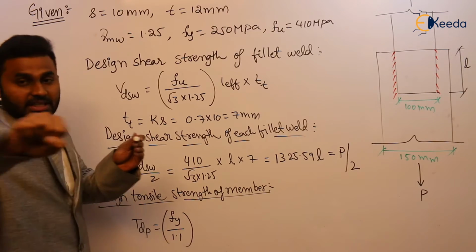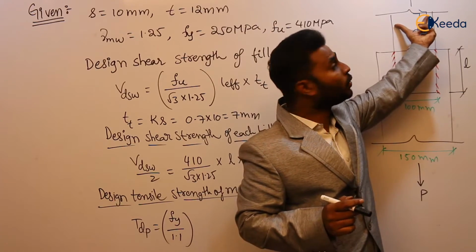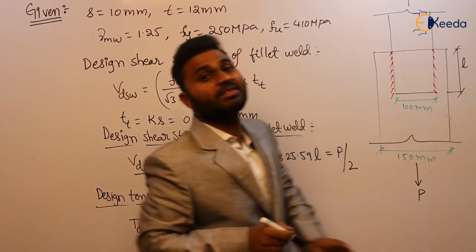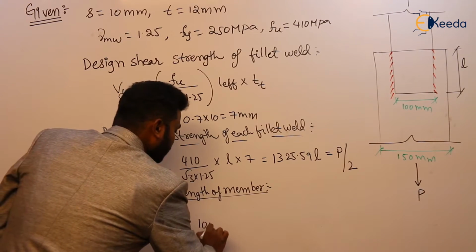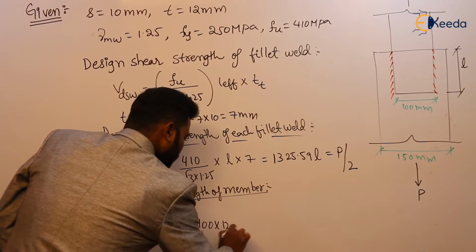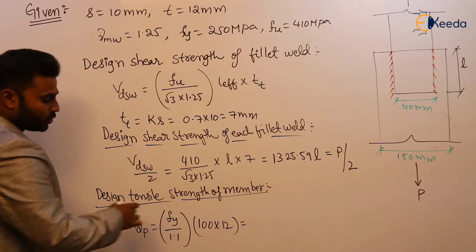This is the area, like this the tension force is there. Which area is it? This width 100 into the thickness. The thickness given is 12, so the area here is 100 into 12. Now Fy is 250, given in the question.